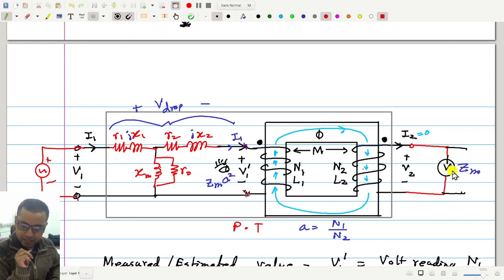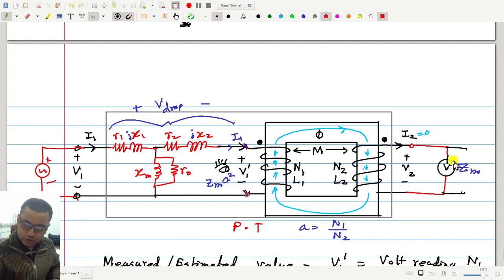Also, one more thing: here we are talking about a meter, that means a meter which gives a deflection, and from the deflection you can read the voltage. But a potential transformer may also be used to connect protecting devices like relays.